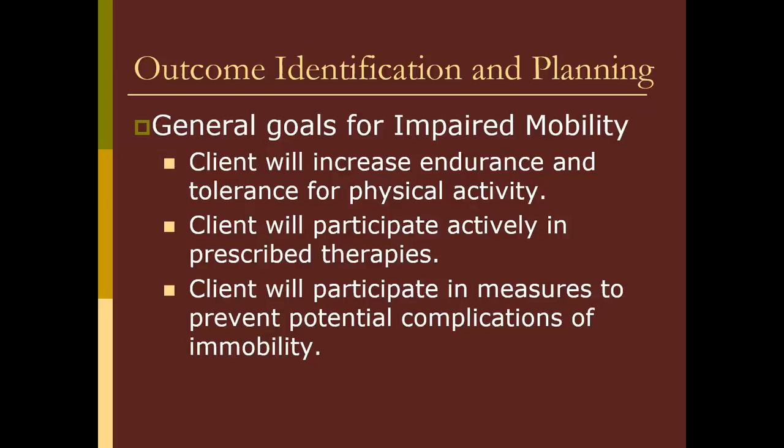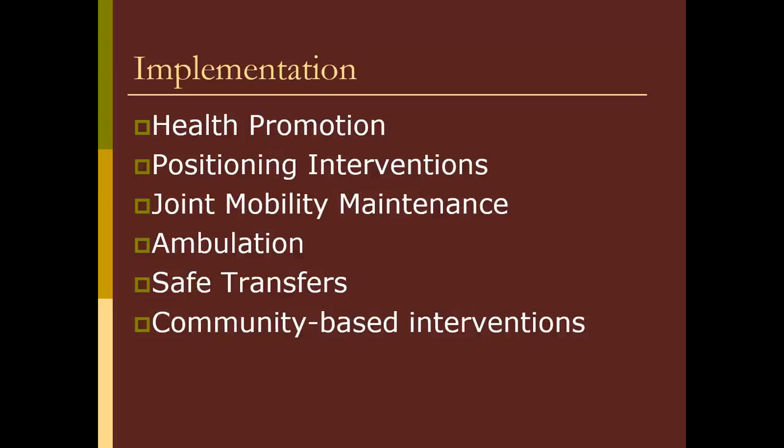So these are all outcomes that you would again want to be smartening up if you're using them in a plan of care. Once you have your outcome identified and start to make a plan, then we implement our interventions.